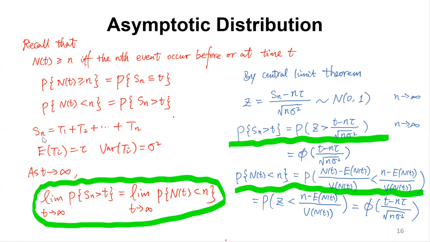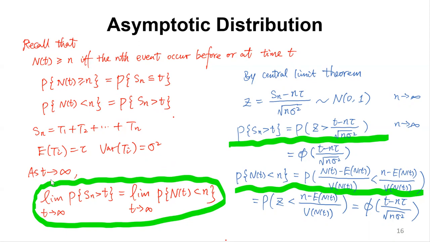So Sn is the nth event. The nth event time equals the sum of the inter-event times: the first, the second, up to the nth. We know that each inter-event time is a random variable with mean tau and variance sigma square.